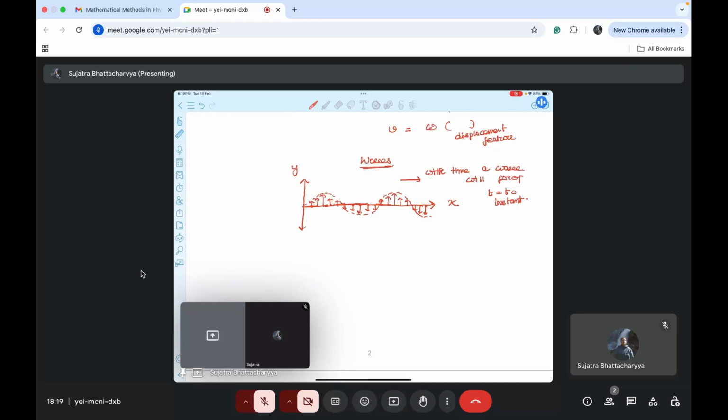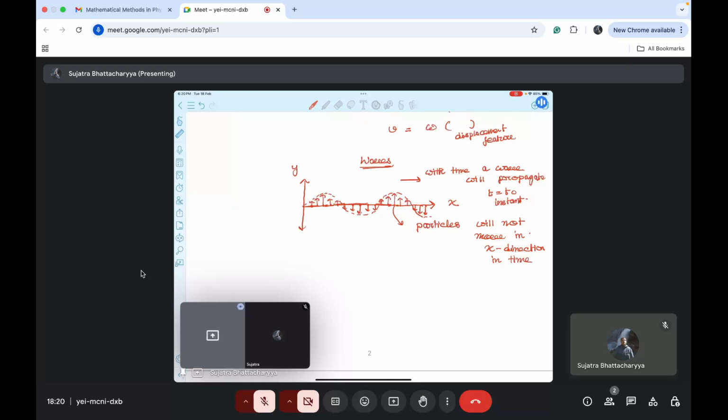When the wave is propagating, whatever particles are here, these particles will remain fixed. I mean, these particles will not move in the x direction.